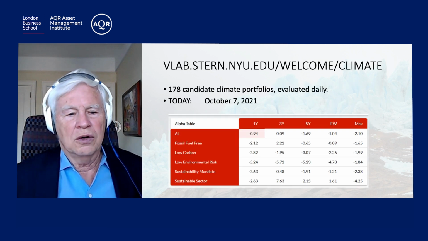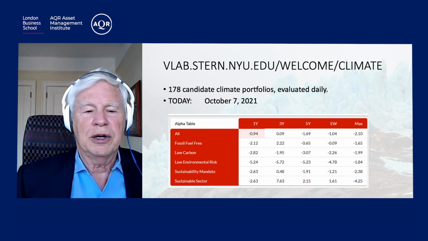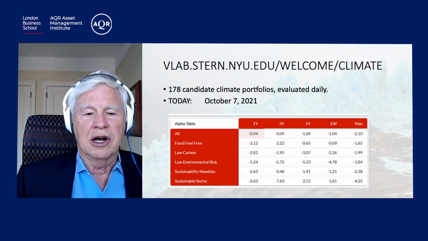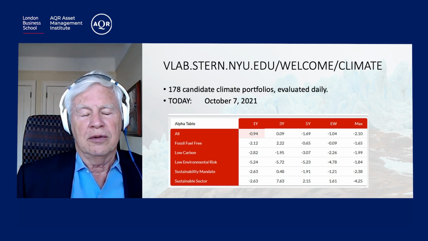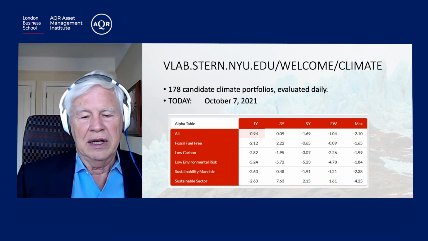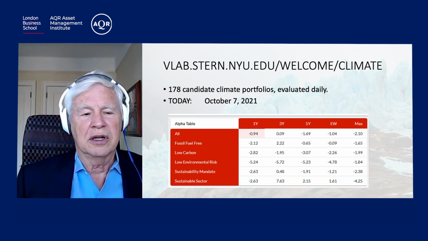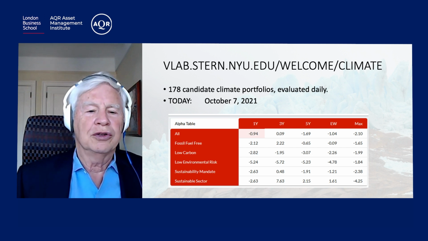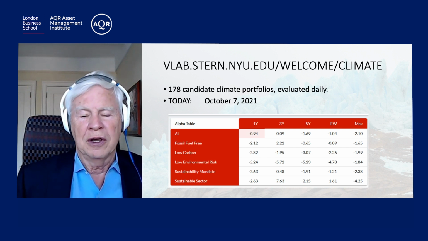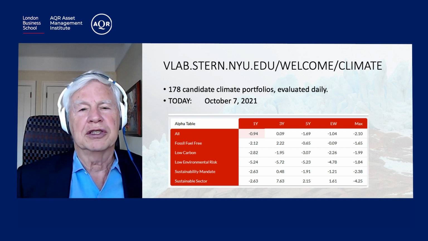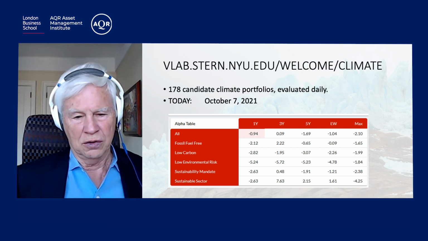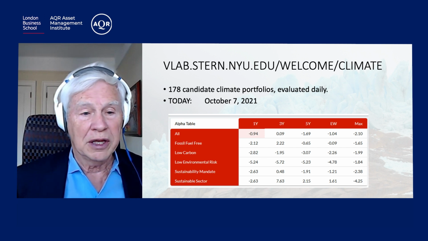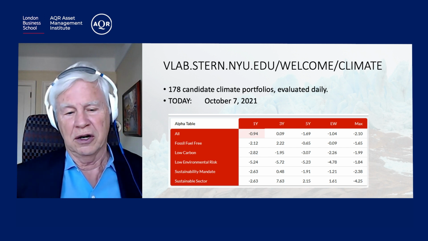Okay, so what do we see when we look at publicly traded climate portfolios? We keep track of these on VLab, and we have close to 200 portfolios which are supposed to be climate hedges, where there's a lot of discussion about greenwashing and stuff like that. So we don't know whether they really are climate hedges. Their managers say they are.